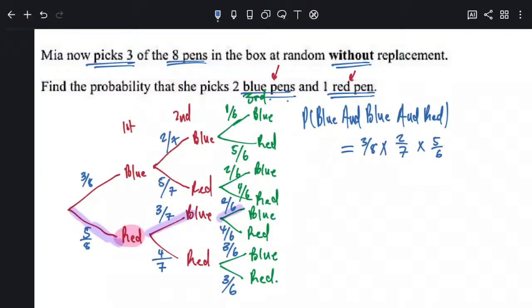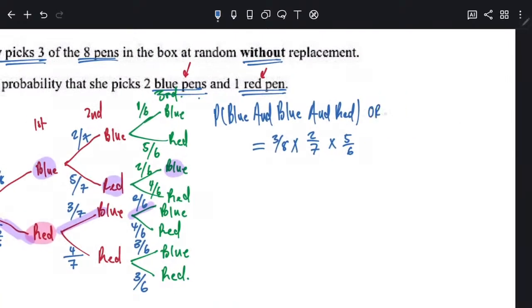Or put all the scenarios. Here they didn't say she picks a blue, then a red. No, she should just pick 2 blue and 1 red. Another scenario would be if she picks blue, then red, then blue. So you can also say or, probability of blue, red, and blue again.